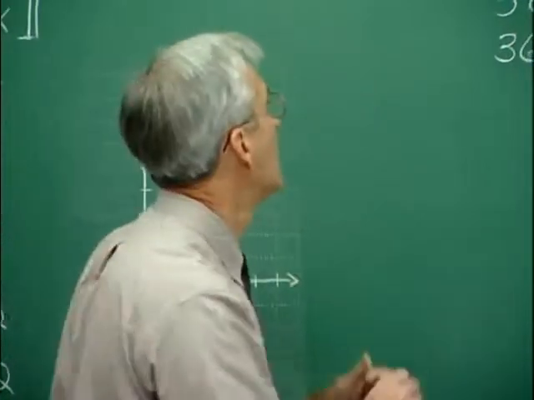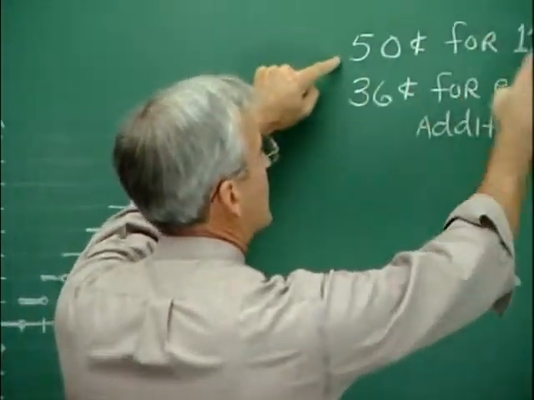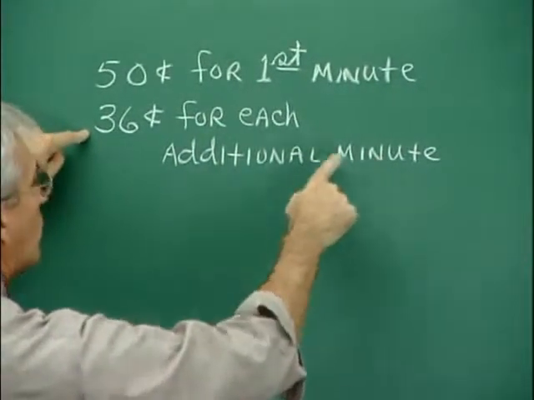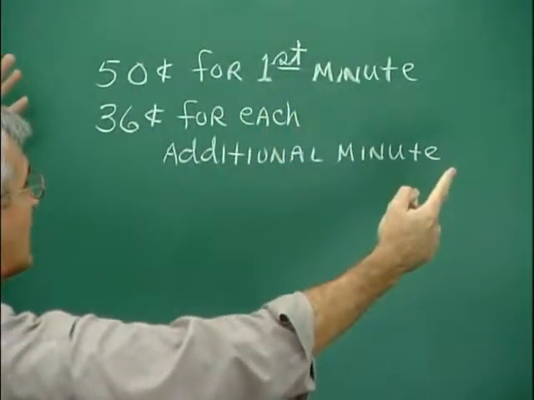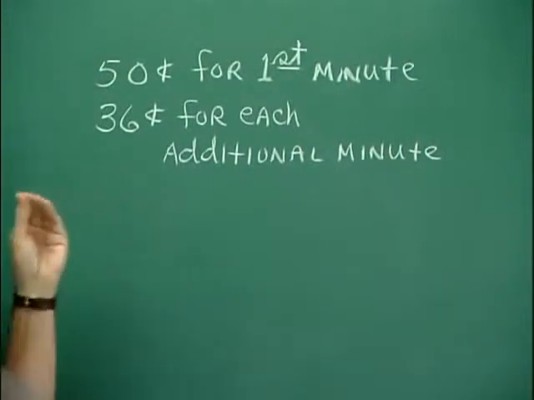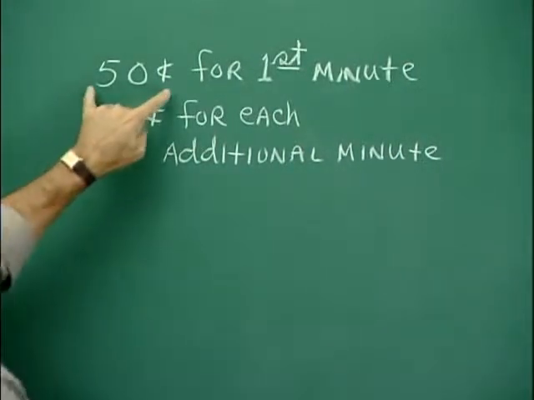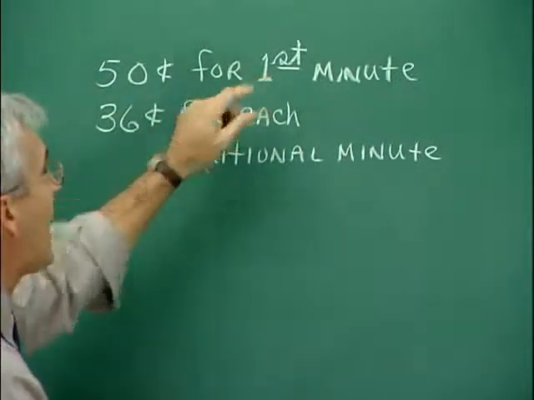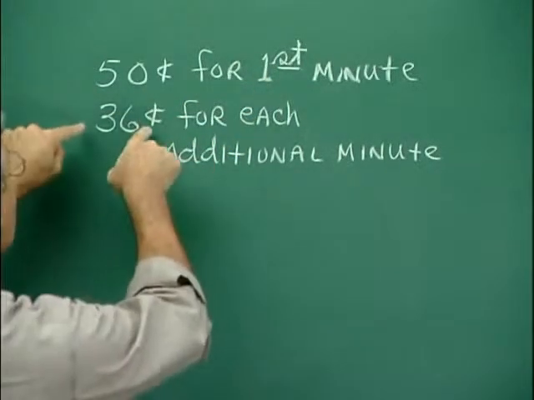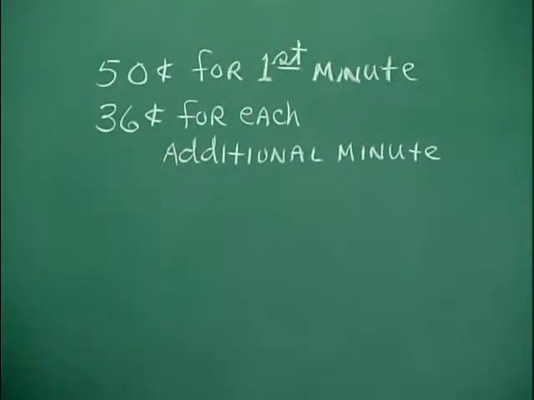Here's what I mean. Suppose we're charged 50 cents for the first minute and 36 cents for each additional minute. Now, where do parts of minutes come in? If you talk for 1 minute and 10 seconds, you're going to be charged 50 cents for that first minute, and that 10 seconds in that second minute kicks you over to an additional 36 cents.